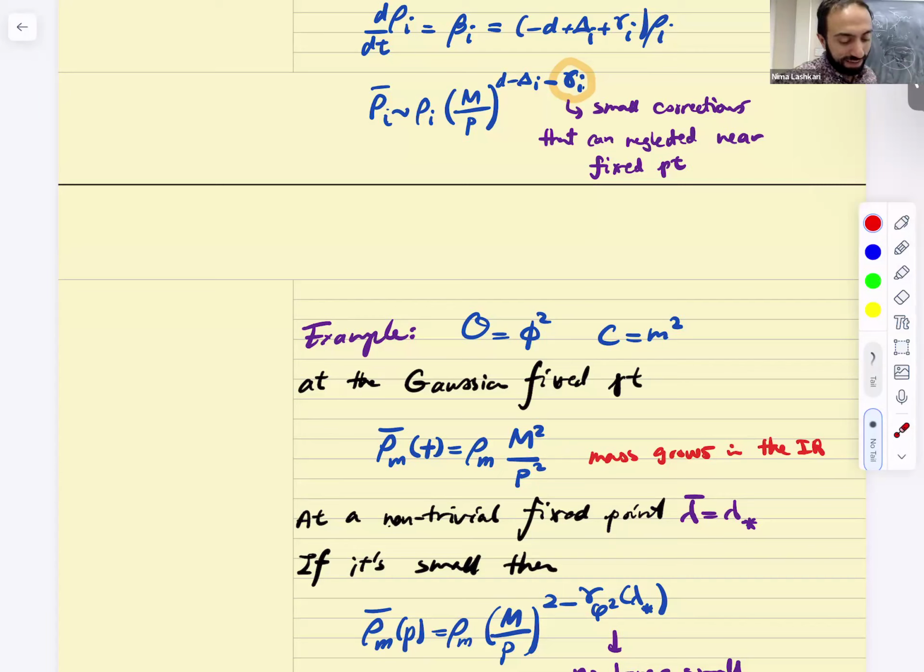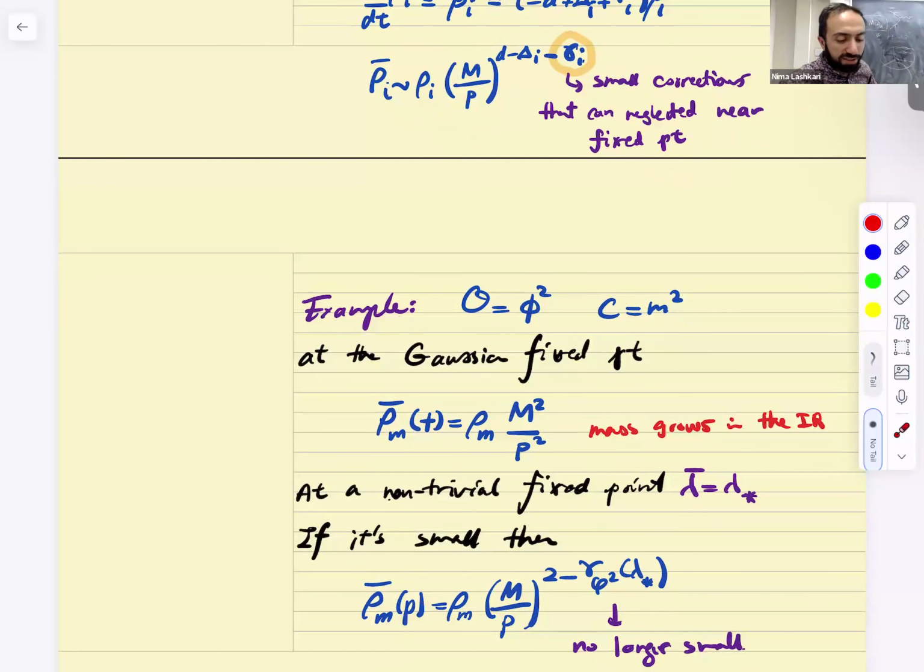As p goes towards 0, the dimensionless mass grows. That's why it's a relevant operator, always, independent of the dimension, because this power came out as 2, independent of d. The d is canceled.